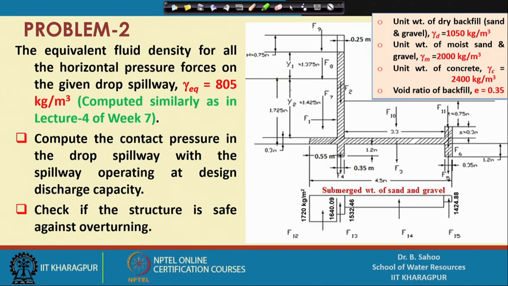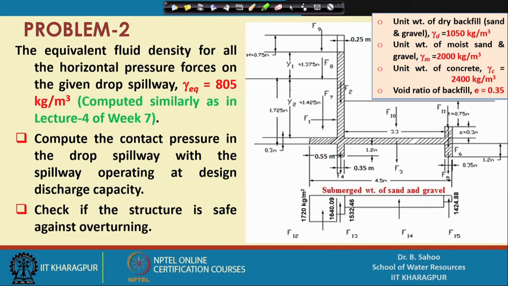By using this we have to estimate the moment along some reference axis that I will talk about here. Then you have to say whether the structure is safe against overturning or not.